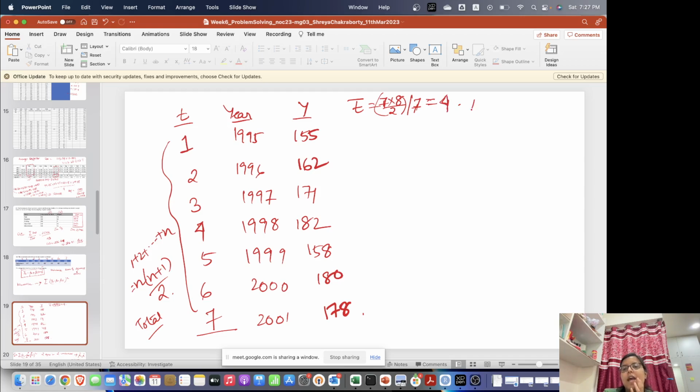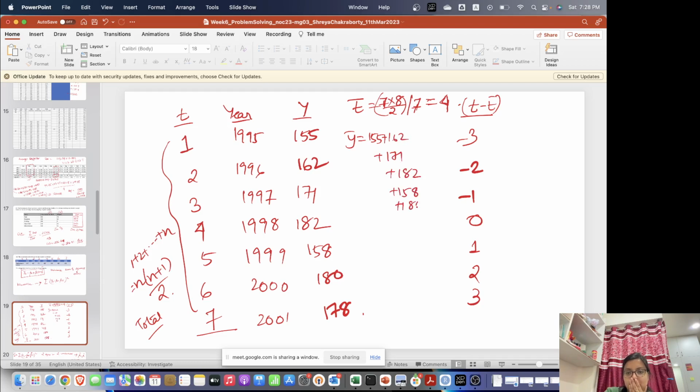So now if we have a column t minus t bar, this one would be 0, this would be minus 1, 1, minus 2, minus 3, 2, 3. And y bar would be 155 plus 162 plus 171 plus 182 plus 158 plus 180 plus 178 divided by 7.